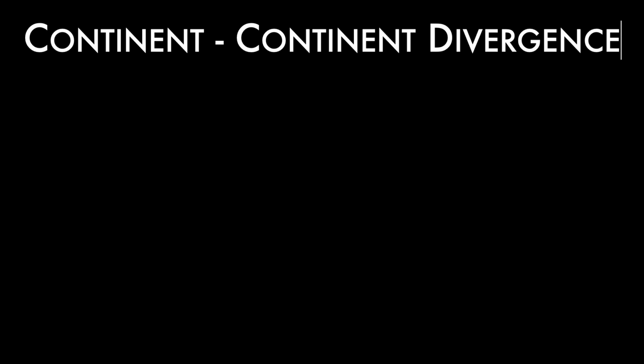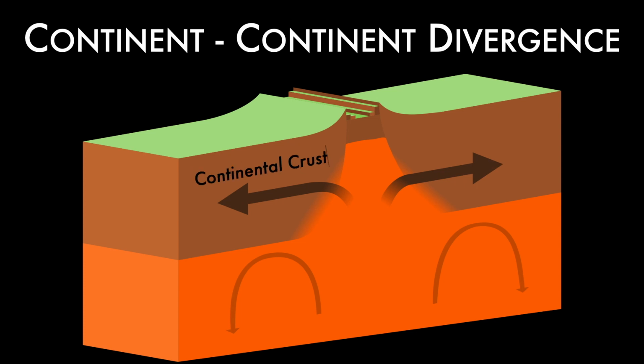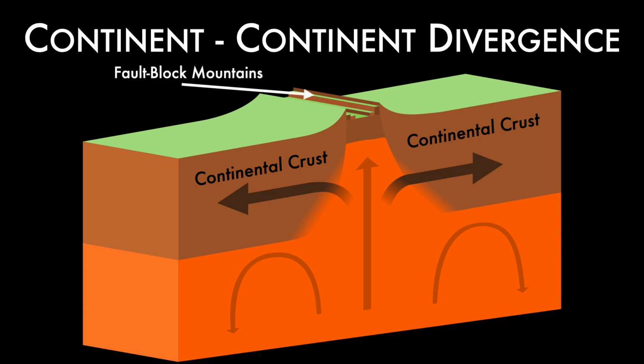A second type of divergence can occur with the spreading of continental plates. Continental divergence shares many of the same features as oceanic divergence. As continental crust is pulled apart, superheated material from the mantle causes some parts of the crust to thrust upwards, while others collapse into basin regions, also known as rift valleys. The resultant formation is known as a fault block mountain range.